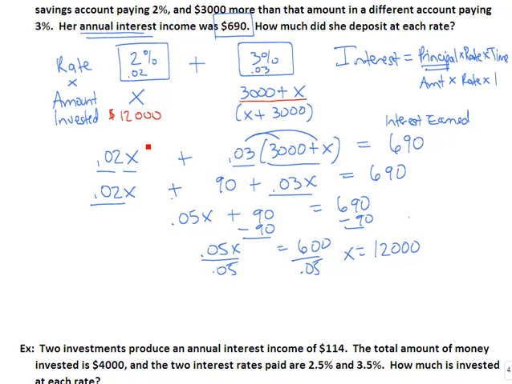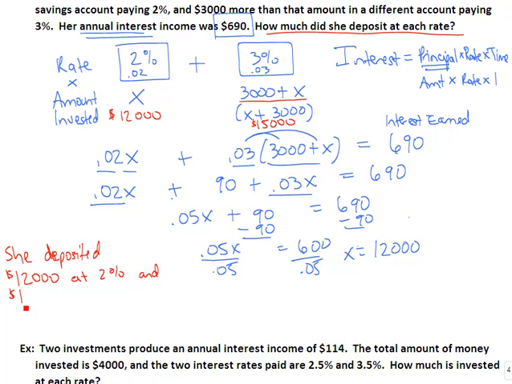So 3,000 more than 12,000 makes this 15,000. So our solution then for how much did she deposit at each rate is she deposited $12,000 at 2% and $15,000 at 3%.